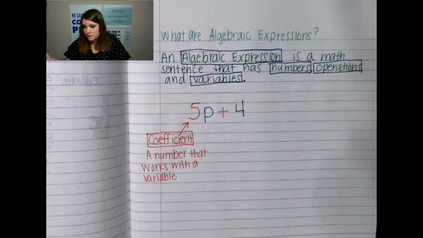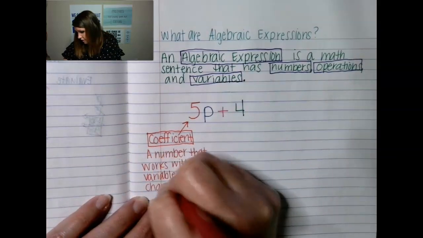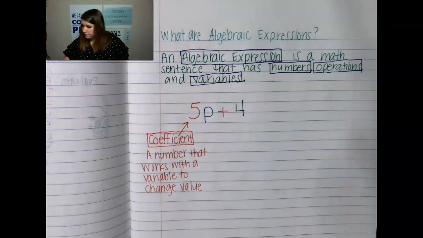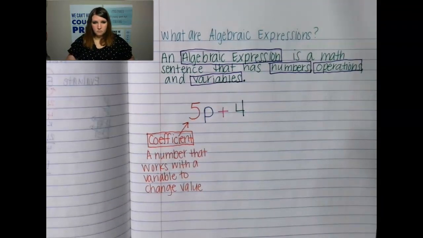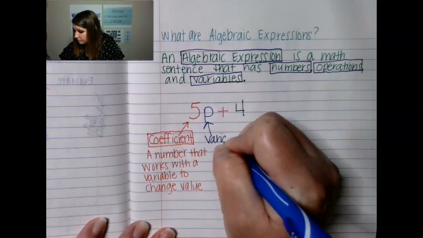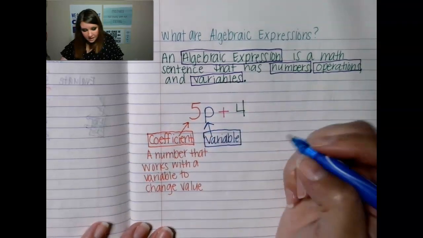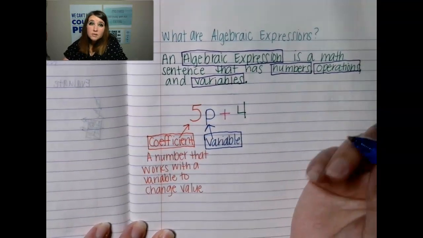A number that works with a variable to change its value. All right, the variable. Gosh, we're just all kinds of messed up today, aren't we? Okay. The P is the variable. The variable is a letter. It's a placeholder. It doesn't have a value yet.